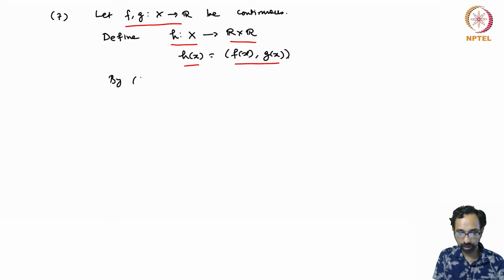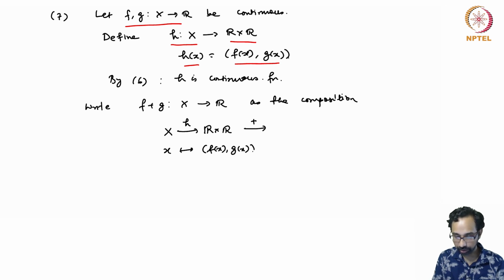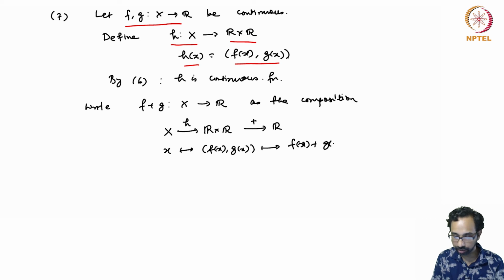By the previous statement 6, we have that h is a continuous function, and now we can write f plus g, which is from X to R, as a composition: first take h from X to R cross R, and then take the addition operation on R. So what do you get here? x goes to (f(x), g(x)), then from R cross R to R the addition operation is simply f(x) plus g(x). So this is nothing but (f plus g)(x).